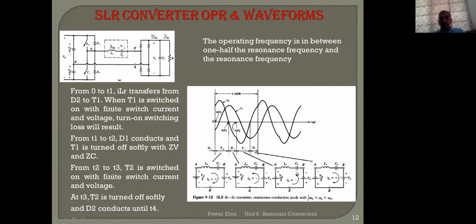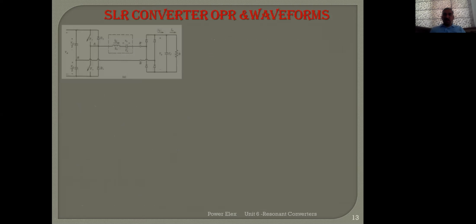This is how it operates during one cycle, and this frequency is above half of the resonance frequency but less than the resonance frequency. This is continuous mode operation, and there is no state when the switch gets time to turn off.